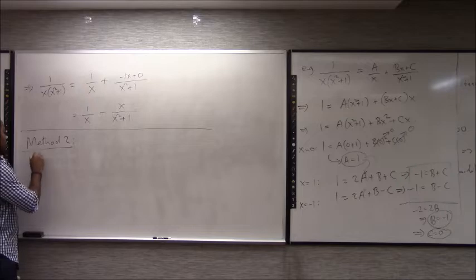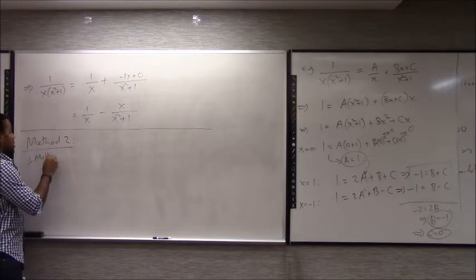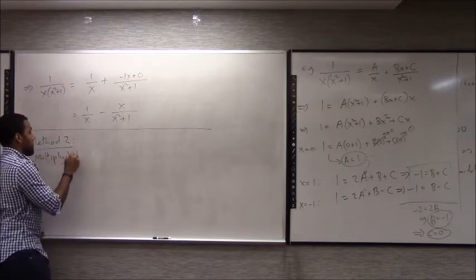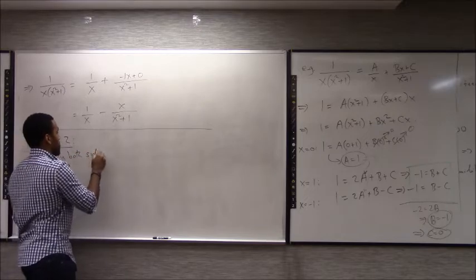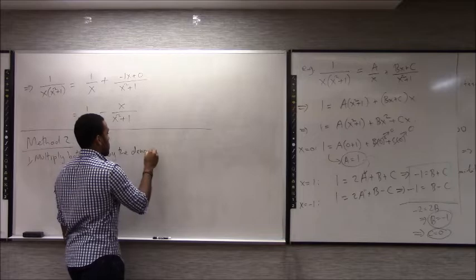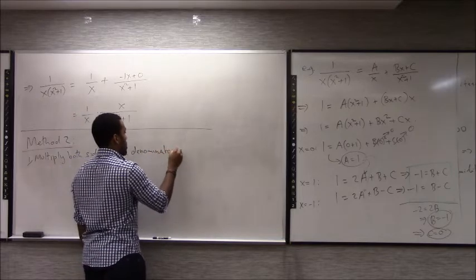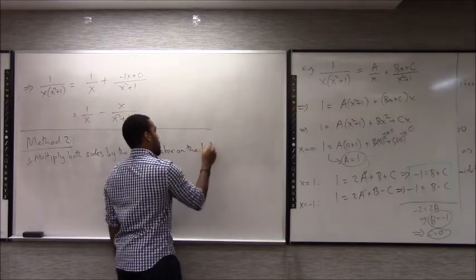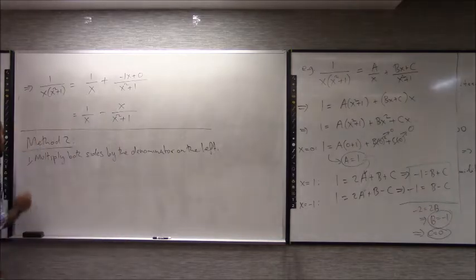Step 1, multiply both sides by the denominator on the left.